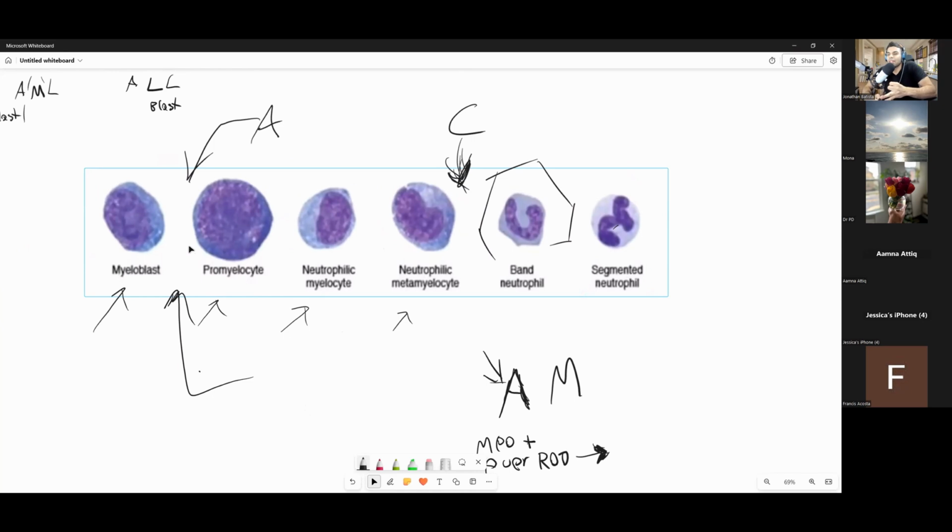But one thing that a lot of people have problems with is these kinds of questions: CML, AML, all these different types of leukemias and lymphomas. We're going to include lymphomas as well. So in the question sessions that we do, it's all going to be lymphomas and leukemias, and I'll show you a strategy to approach this in an organized way, so you can try to get the answer.